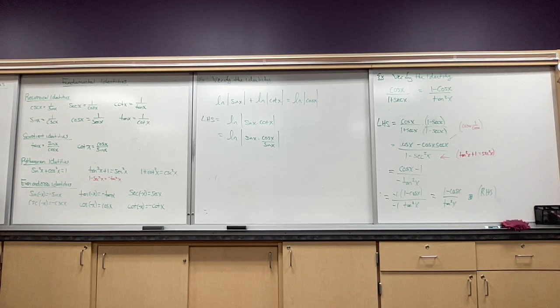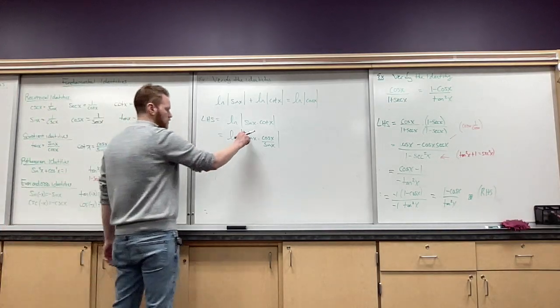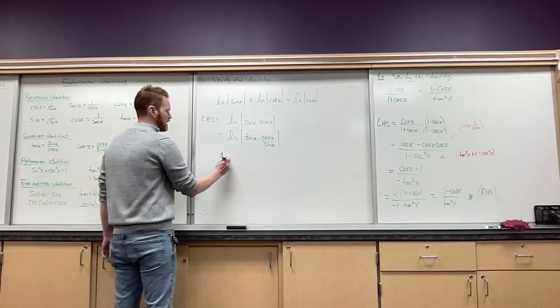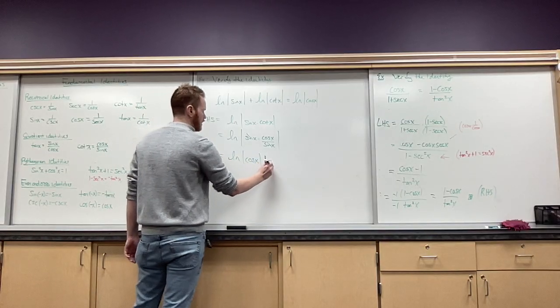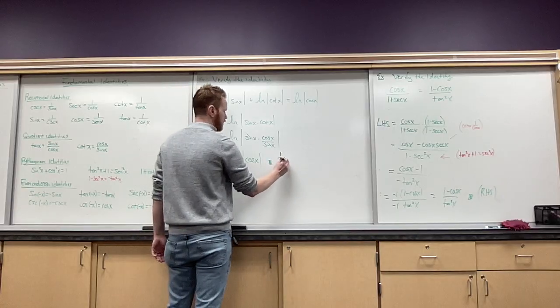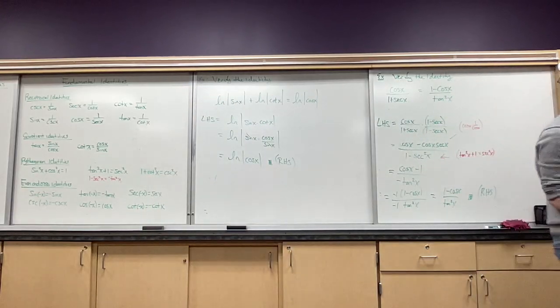See some things canceling? See those sine of x is going to be gone, right? They're going to be reducing out of this. So I just get natural log of cosine of x, which, hey, that's what we wanted. So that does equal the right-hand side. See? Easy problem.